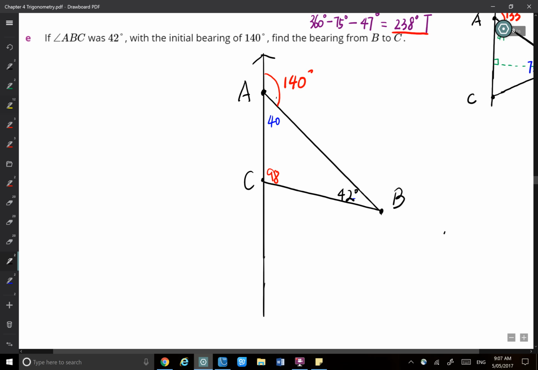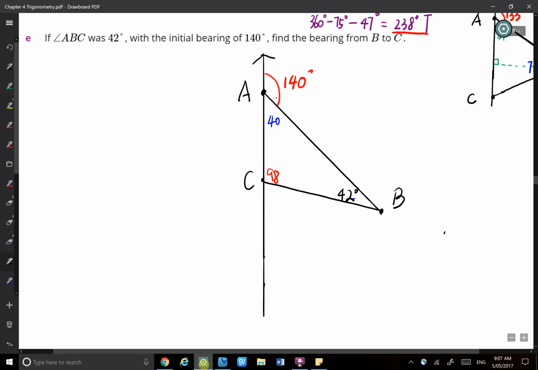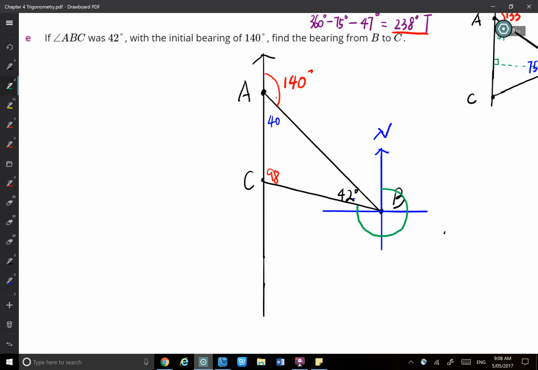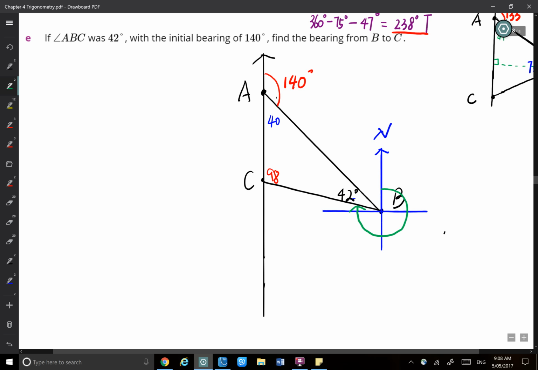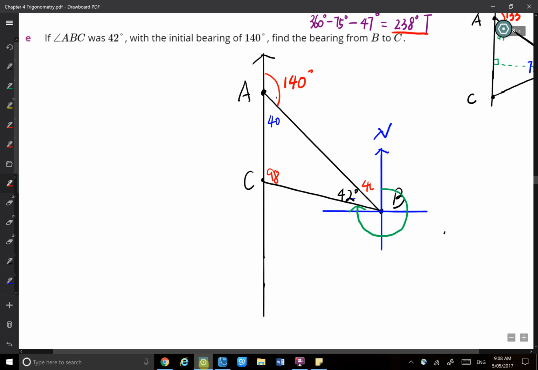And then find the bearing from B to C. I'm looking for this green bearing from B to C. Here is 42. The top will be 40, right?